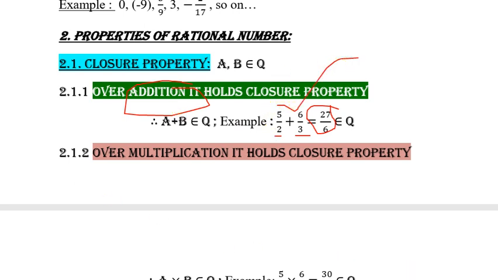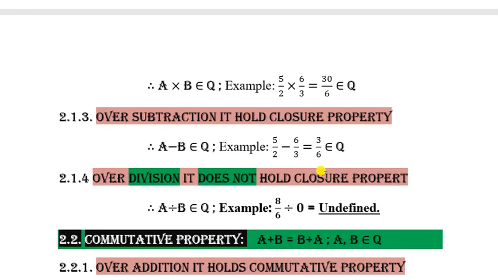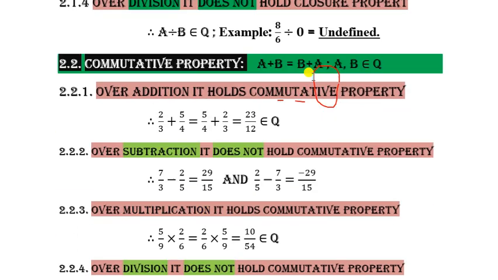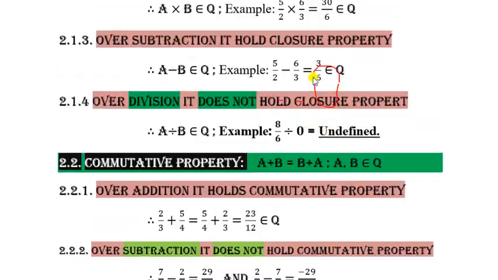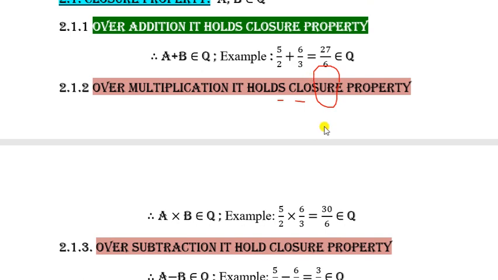Now over multiplication, in the same way we will check. We have to multiply any two rational numbers. I have multiplied 5 by 2 and 6 by 3, that means 30 by 6. This is also a rational number. That means rational numbers hold closure property over multiplication.